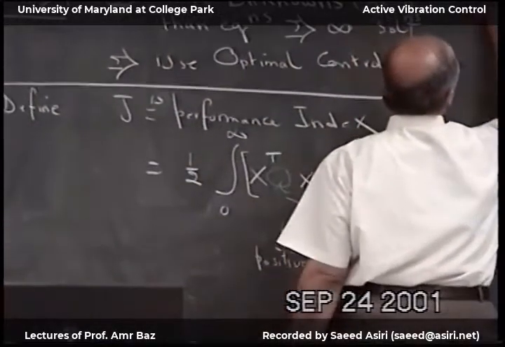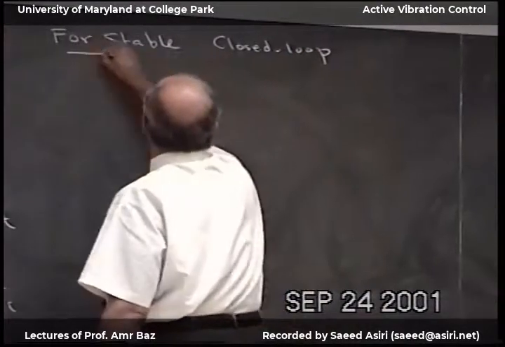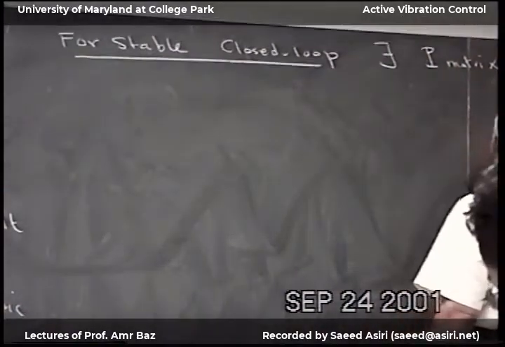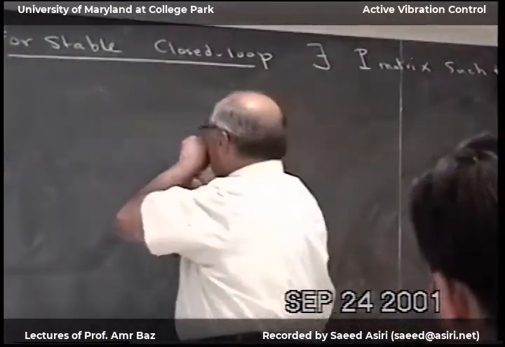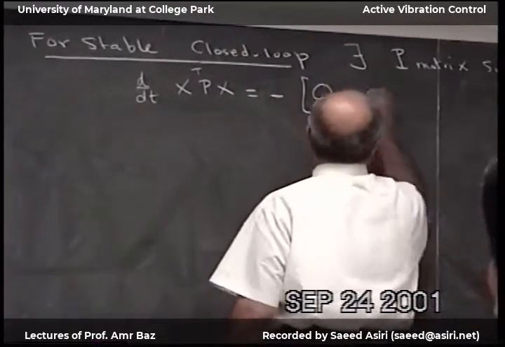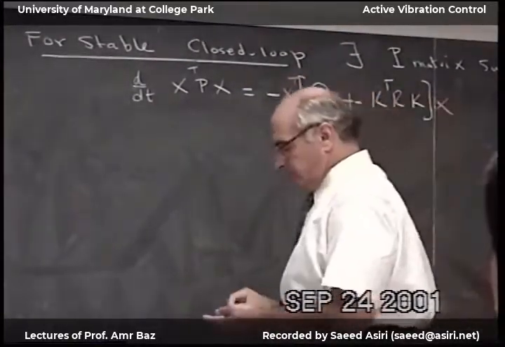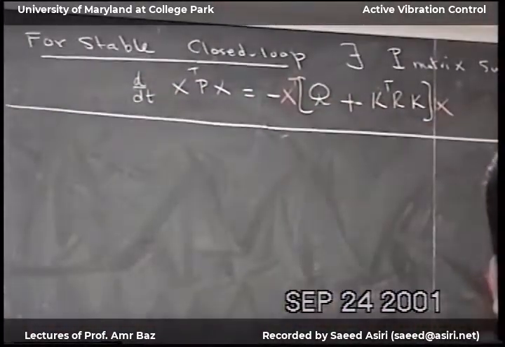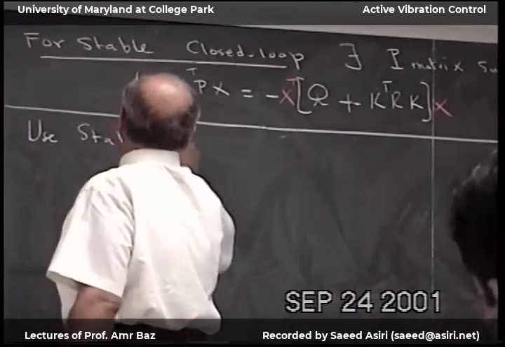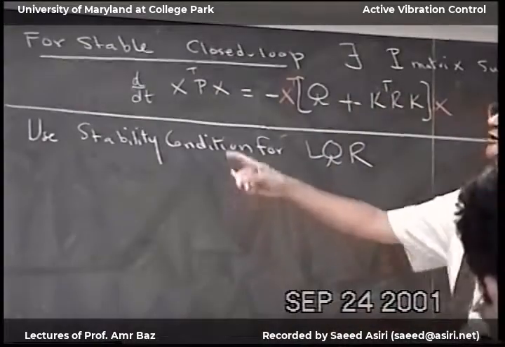I showed for a stable closed loop, we showed that there is a P matrix such that d by dt of x transpose Px is equal to minus x transpose (Q plus K transpose RK) x, and then use the stability condition for the LQR along with the performance index.